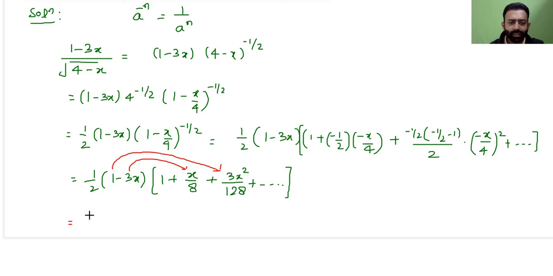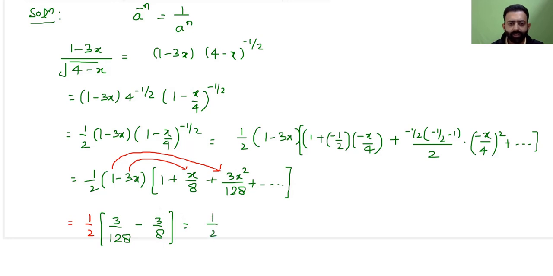So we have this as half outside into coefficient. Now I am saying that this is plus 1 by 8, multiplying, not 1 by 8, I'm sorry. This is multiplying constant with this, it is 3 by 128, and multiplying this minus 3 with this, it is minus 3 by 8. Okay, this will be the coefficient of x square.